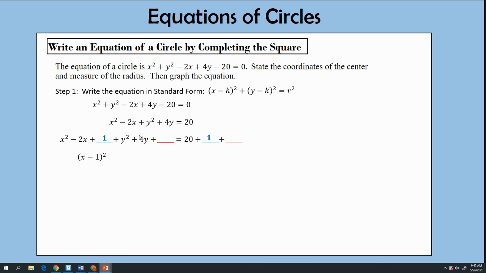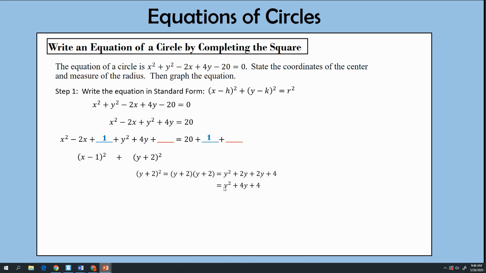Now we got to complete the square for the y's. So the rule is take half of this coefficient. That's what's going in your binomial. So the 2 goes here. Now, what needs to go in this blank? Well, if we FOIL it, we see. So it's y plus 2 squared. First, outers, inners, last.